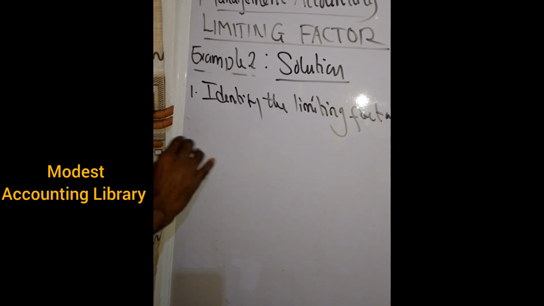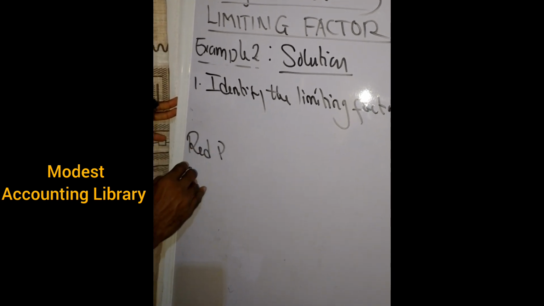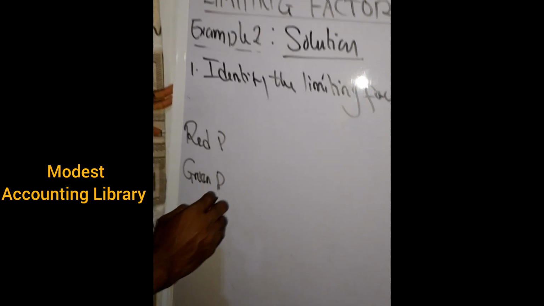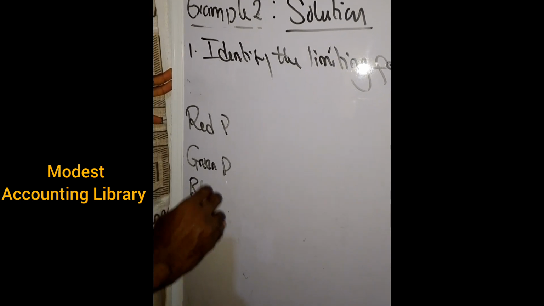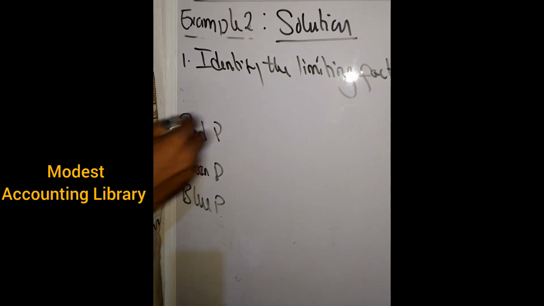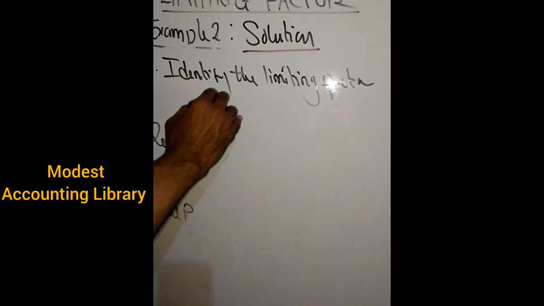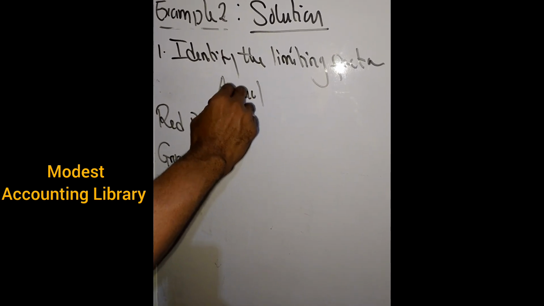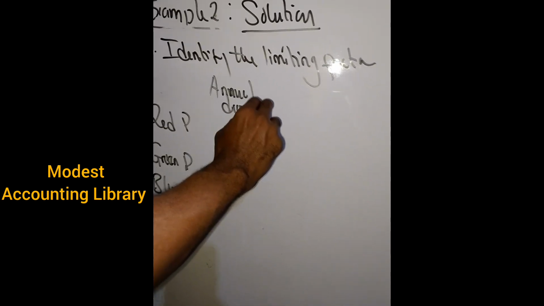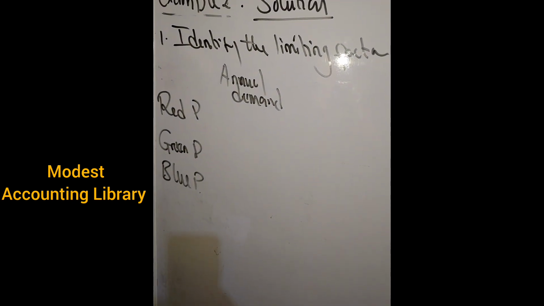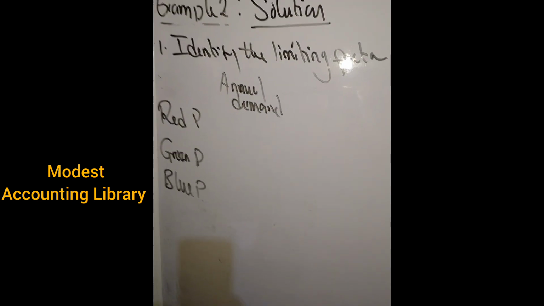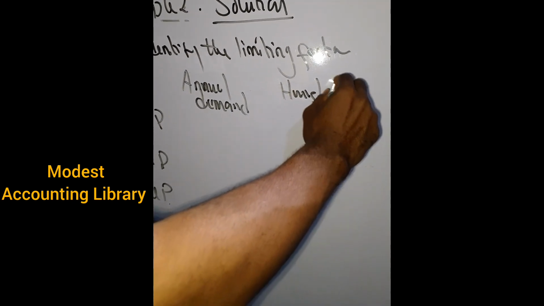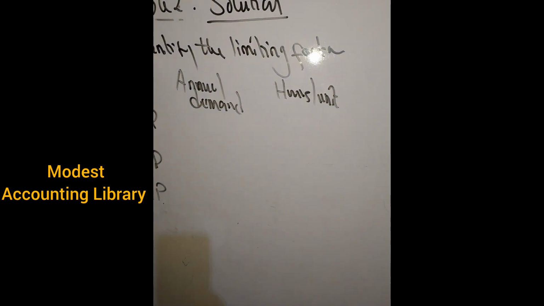Let's call this red P, green P, and blue P. So here we can have annual demand, hours per unit, then we have the total.